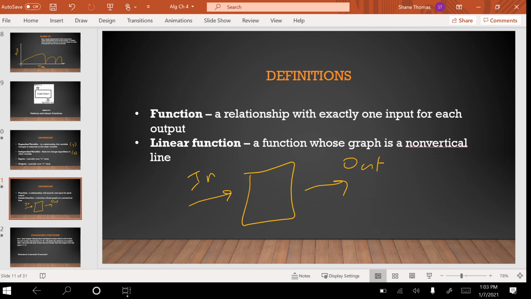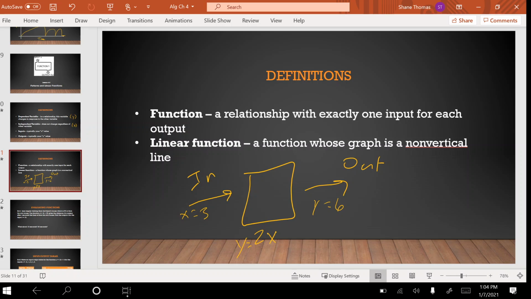So for instance, if your function says y equals 2x, and I put in a 3 for x, well, 3 times 2 is going to be what? 6. So I'm going to get out that 3 is going to be paired with 6. We'll do a bunch of those. Don't worry. Don't freak out. That's called an input-output table. We'll do those here in 2 slides.